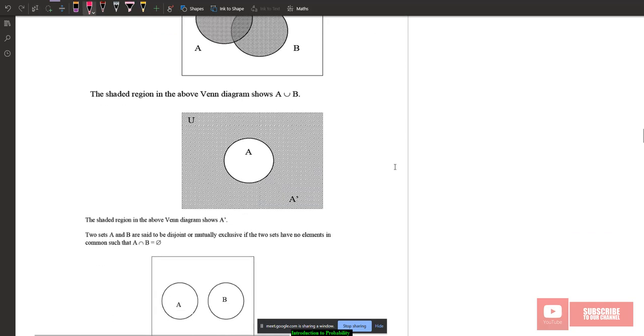So this Venn diagram is showing set A, and this is the sample space, and outside of A we call the complement of A, right?